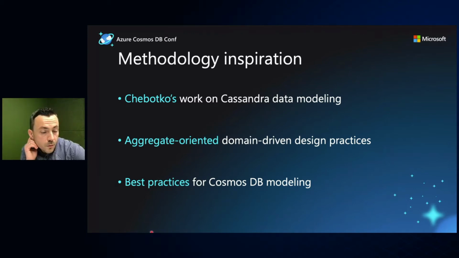It's really cool stuff, but the only issue is that it's for Cassandra. When we're talking about Cosmos DB, and I mean the SQL API and the document-oriented kind of model, I cannot apply this approach right away. It should definitely be changed, adjusted, and tailored for Cosmos DB.